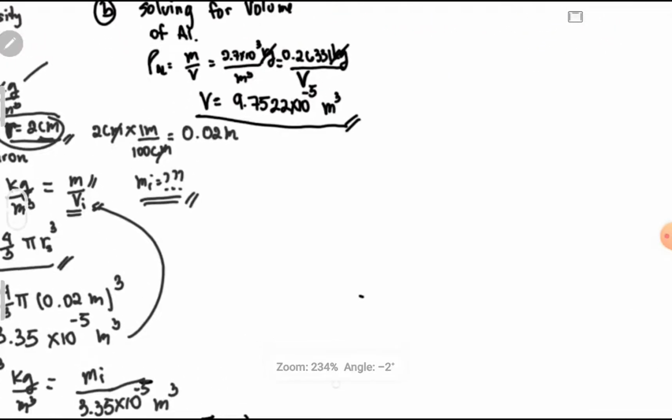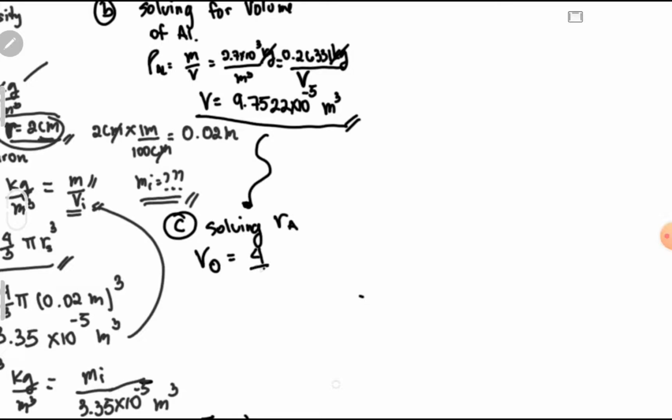Let's say this will be your letter C, solving for R of my aluminum. Take note that the volume of a sphere is equal to 4/3 pi R cube. My volume of aluminum is equal to 9.755 times 10 raised to negative 5, which is equal to 4/3 pi R cube.